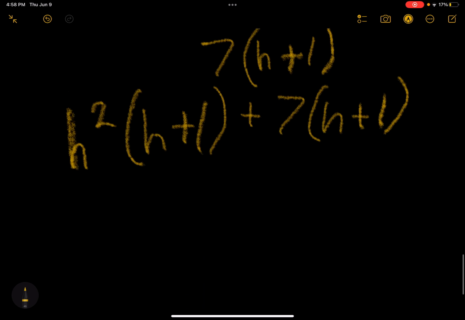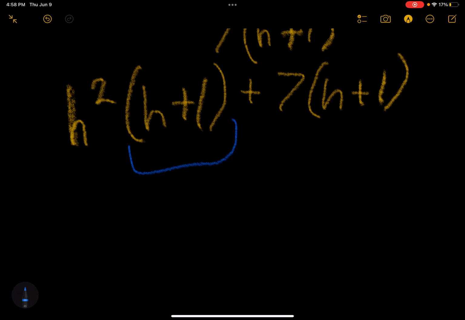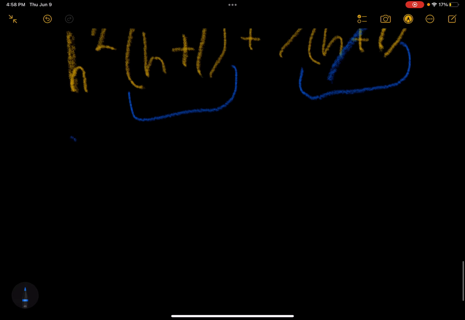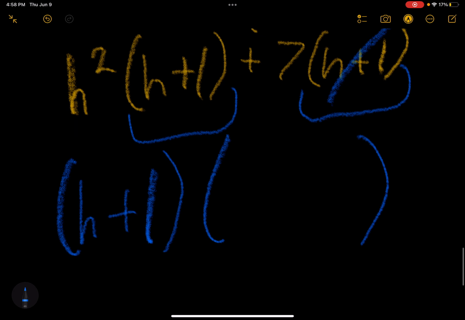Right? So now, based off what we just did, if you look at these two parentheses, these multipliers, the parentheses that are going to be multiplied, are the same thing, so we can cancel one of them out. So this would just turn into h plus 1 multiplied by h squared times that, so that means h squared plus 7 times that.